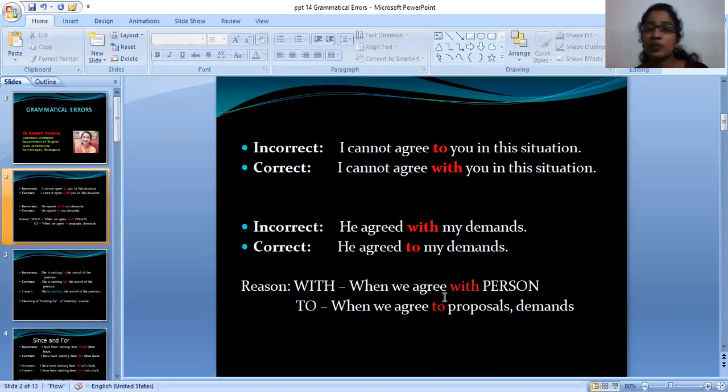When we use the preposition to, that means we are agreeing to a person's proposals or demands or perspectives or ideas or anything. So when you mention a person, the correct preposition is with. When you don't mention a person, but you mention something like a proposal or demand or perspective or idea, then the correct preposition to be used is to, right?